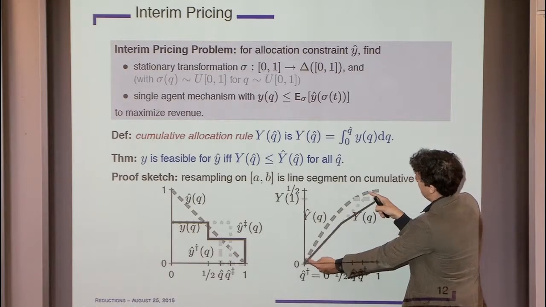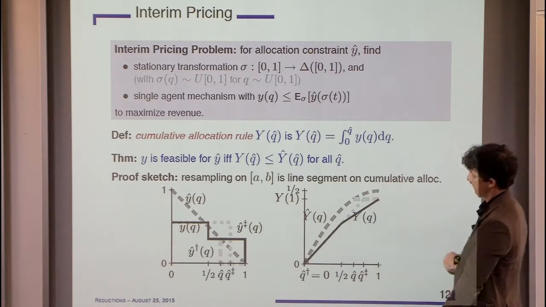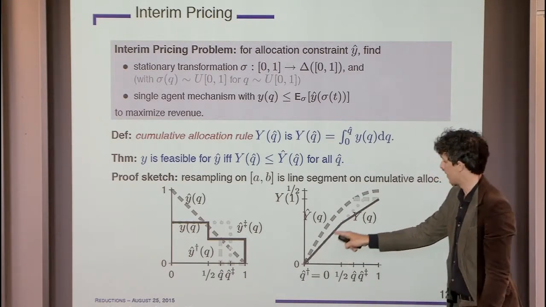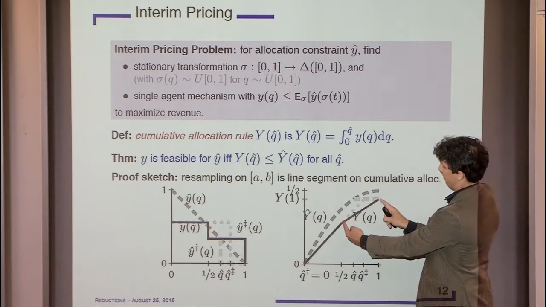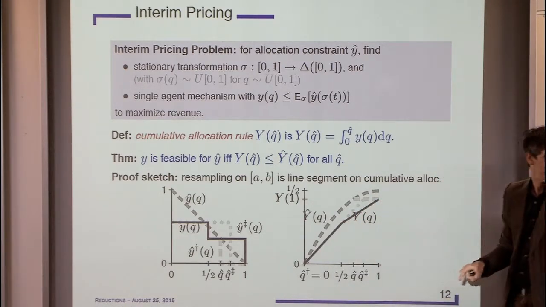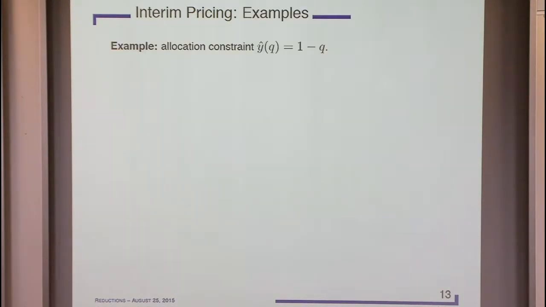So I resample between 0 and this somewhere here. Okay? And then I get this dotted curve. Okay? And then I can resample on this interval to take that thing and flatten it to this line. Okay? That's the construction.